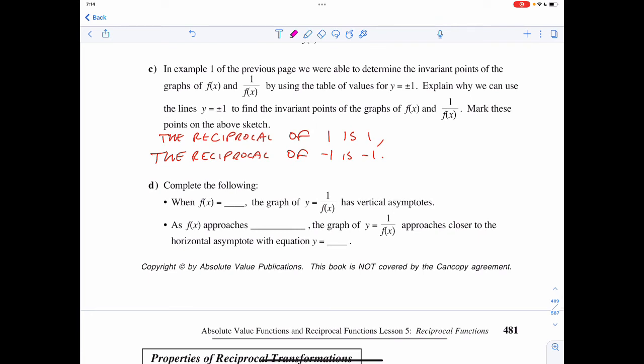If my original function is equal to 0, then my reciprocal is going to have vertical asymptotes. As my original function approaches positive or negative infinity, then the reciprocal is going to get closer and closer and closer to a horizontal asymptote where y is equal to 0. We call this end behavior, which is going to be a big part of Math 30-1 in calculus.